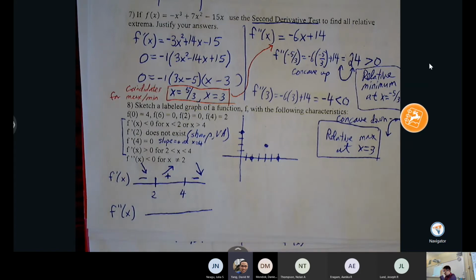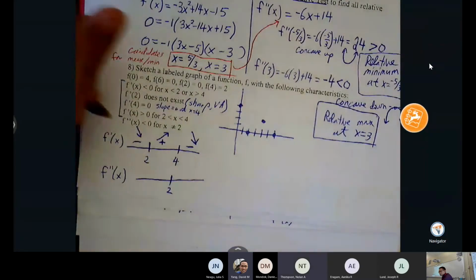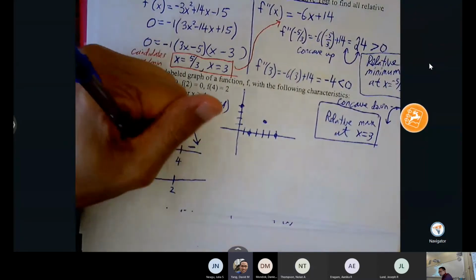Concave what? Concave down. Where's the graph concave down? Everywhere except for 2. And so that 2 is also going to go onto our sign line. But now we're going to force everything to be concave down.